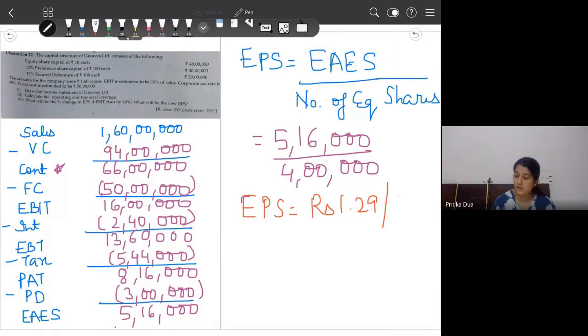So please check the calculation also once that you're getting the same value. So this is the first part, which is the income statement, and you get an earning per share of rupees 1.29.